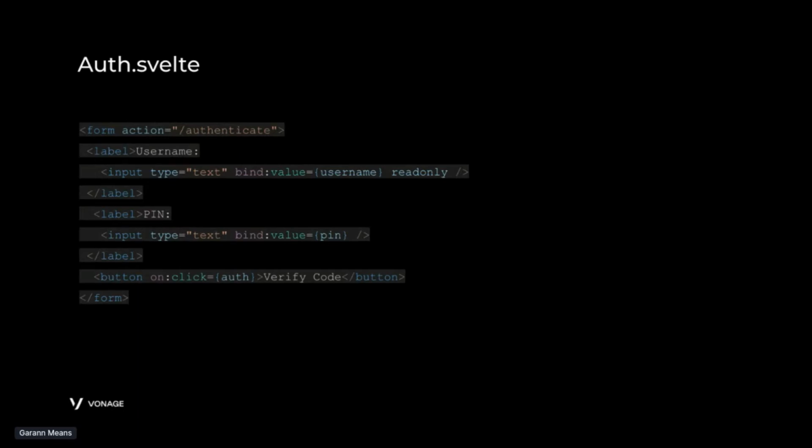They won't see just a message saying that they're logged in. So we now have this form here where they're going to enter the username again, and in this case it's read only because we've already collected it, and then they're going to provide the PIN that they've been sent, and then they're going to click to verify that.